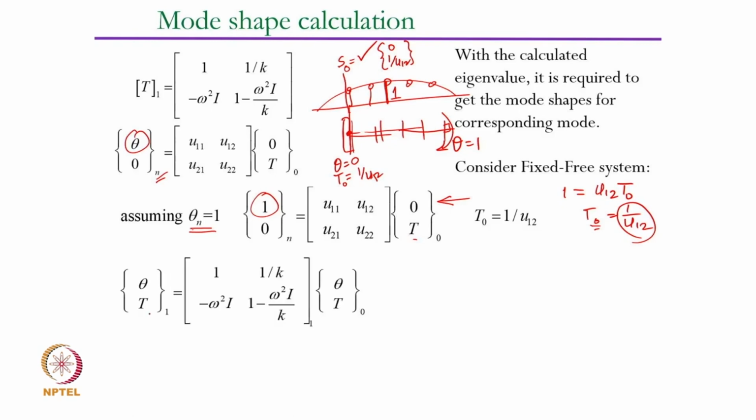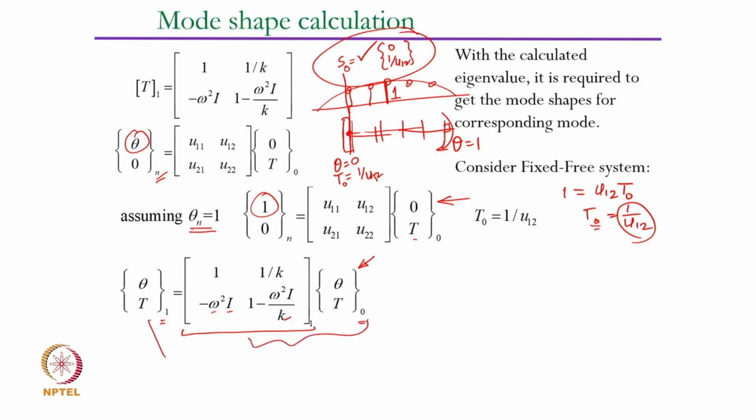So, theta and T at 1, that is the state vector at the end of the first segment, is related to the previous segment through this transfer matrix, where for the first segment omega is known, I is known and k is known, and this is completely defined as I said here. So, that means this state vector S1 is known. Once S1 is known, S2 is known, S3 is known, and so on. You can keep on making these multiplications to get all the state vectors.